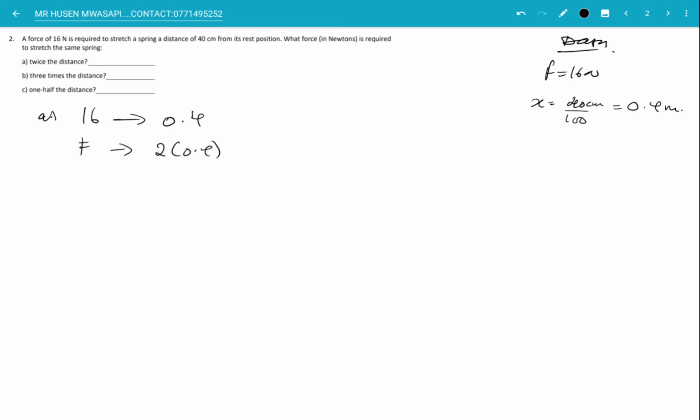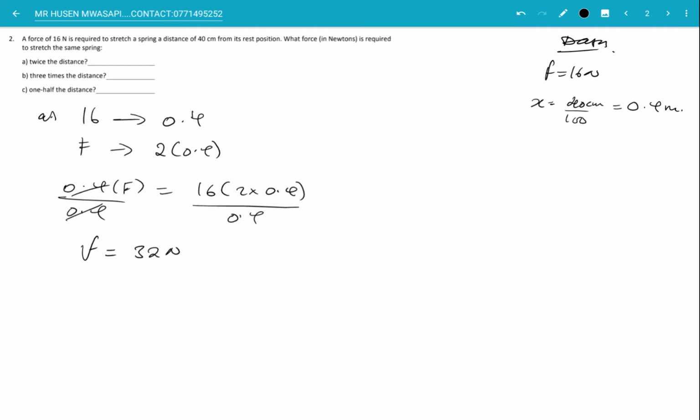If you cross multiply, you have 0.4 times F equals 16 times 2 times 0.4. If you divide both sides by 0.4, you find that the force you want here is equal to 32 newtons.